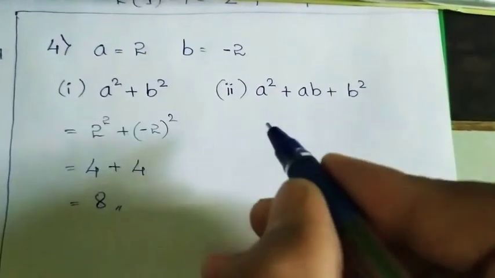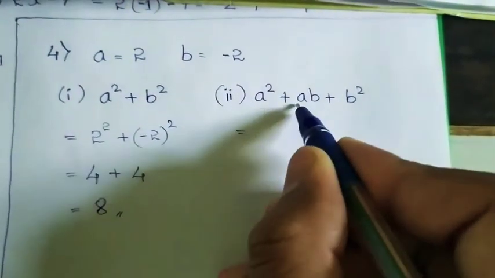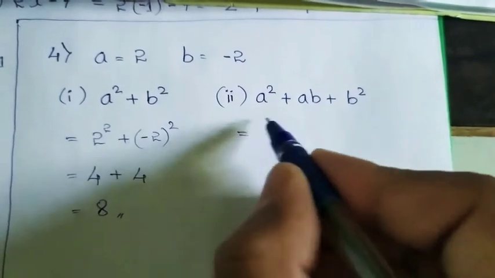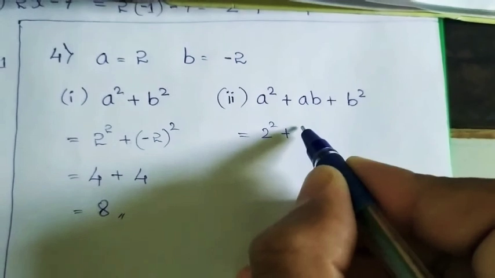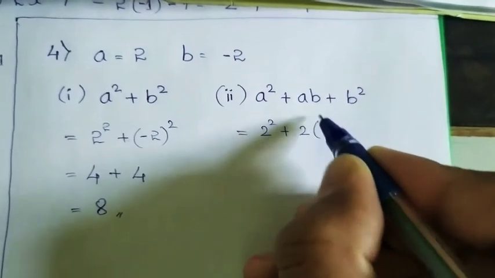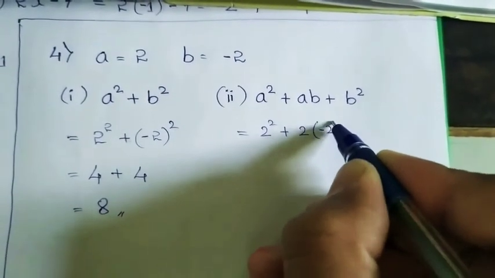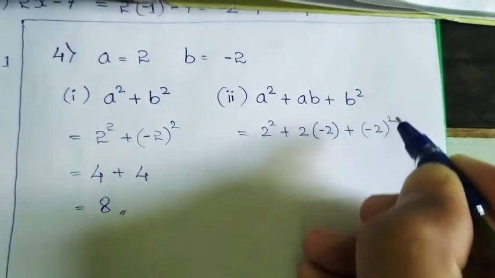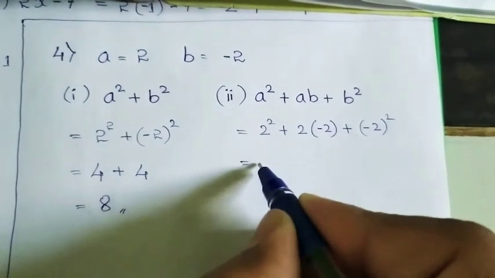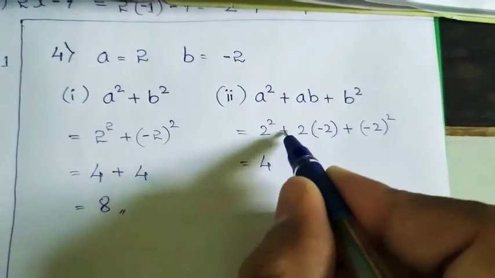Let's do the second one also. A square plus AB plus B square. A square means here 2 square plus A is 2 into, so I'll write it in bracket, minus 2 plus minus 2 whole square. So again 2 2s are 4 plus into minus.